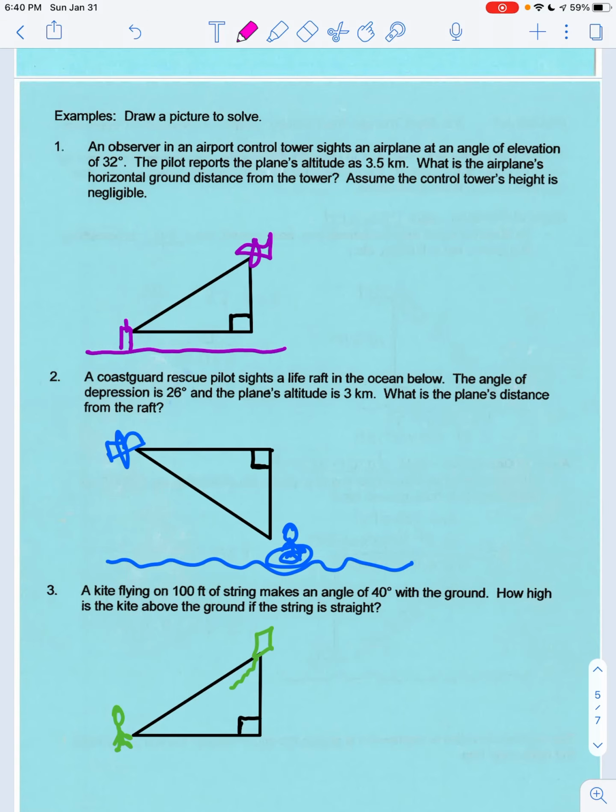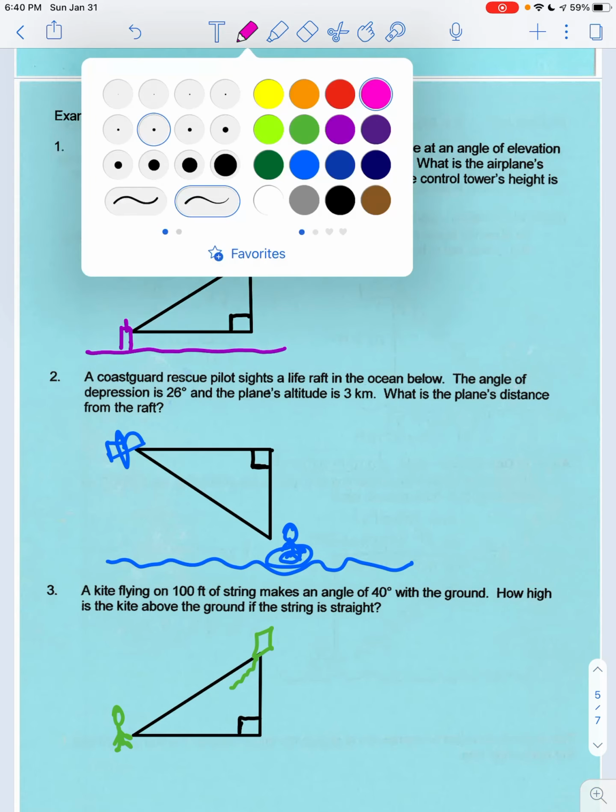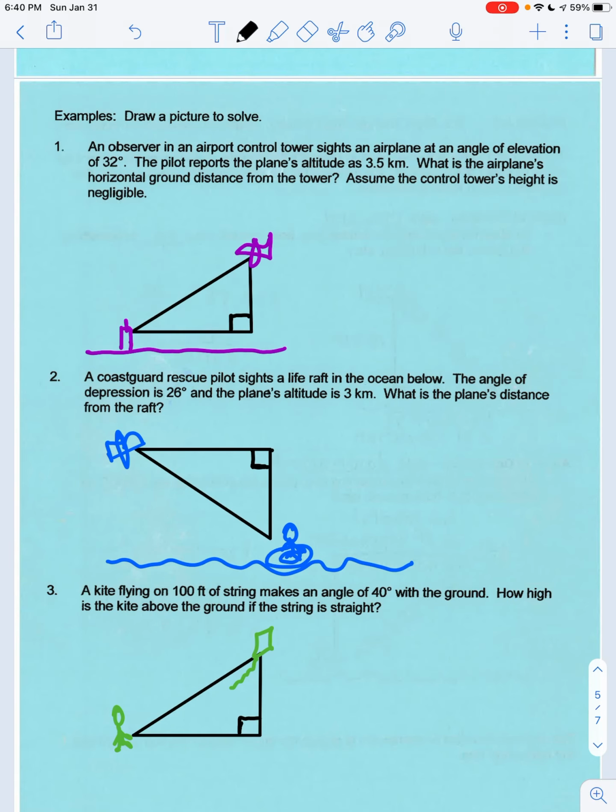In my first problem, I've already drawn a right triangle: an observer in an air traffic control tower sighting an airplane at an angle of elevation of 32 degrees. I need to interpret that and understand in my triangle, that's where an observer is sighting up.